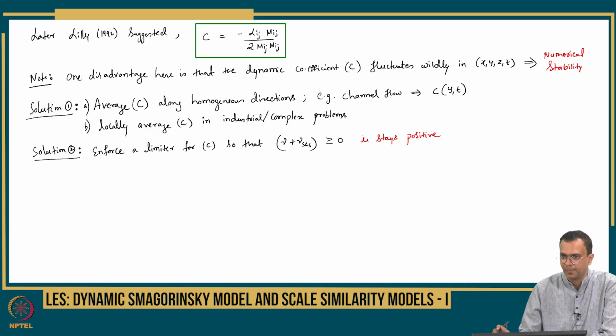All right, this is clear. So this completes the dynamic Smagorinsky model, exactly like Smagorinsky, except C is computed using this formulation where Lij is exact, Mij you can calculate using the filtering operation of your strain rates.